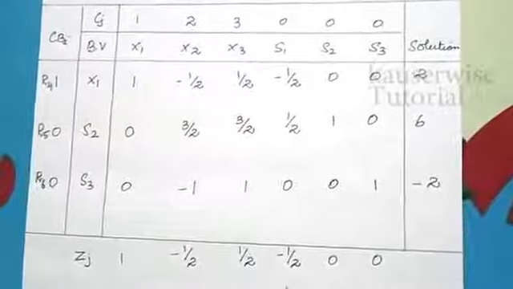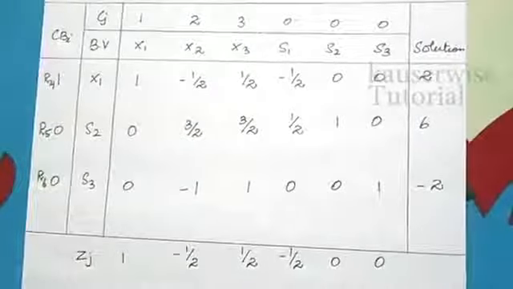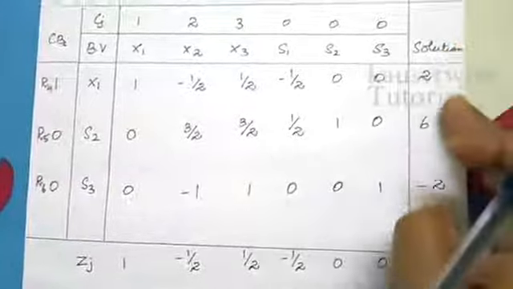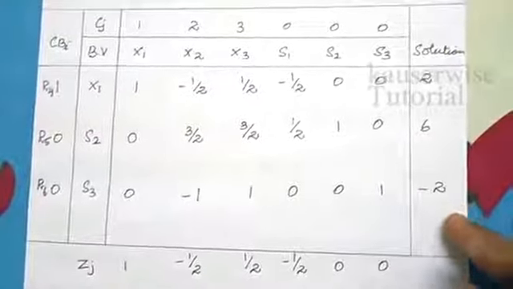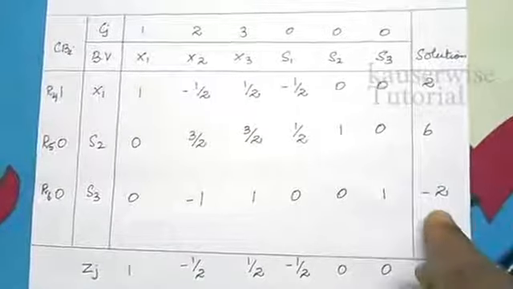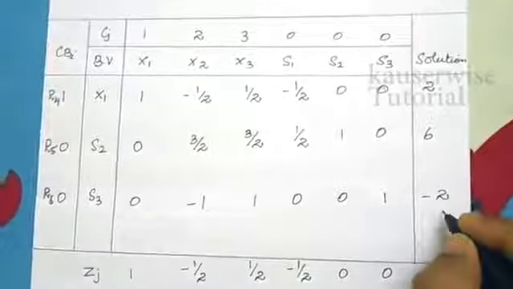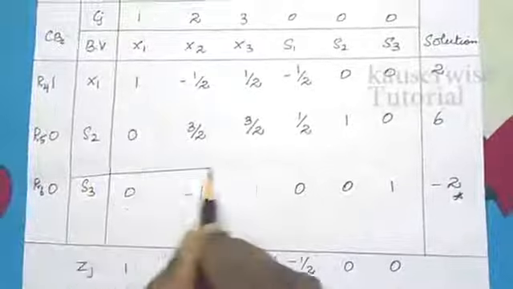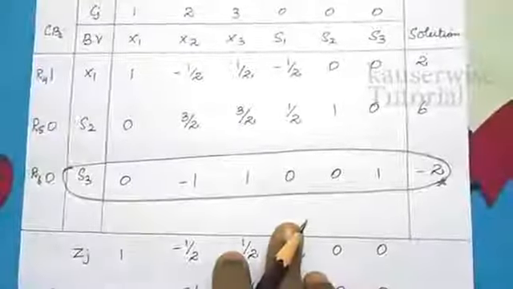Now we have to find the leaving variable and entering variable. In order to find the leaving variable, see the solution column, we have to select the most negative value. But here we have got only one negative value. So this will be the leaving variable. That is S3 is the leaving variable. Now we need to find the entering variable.